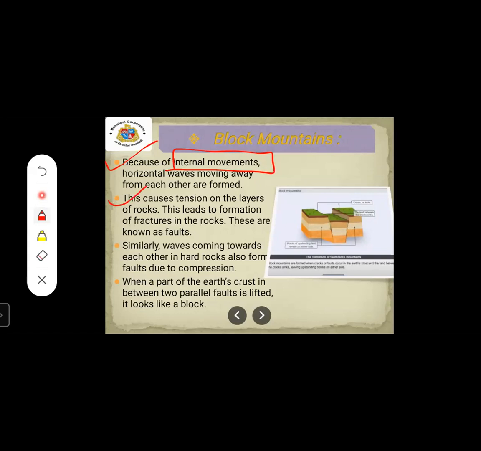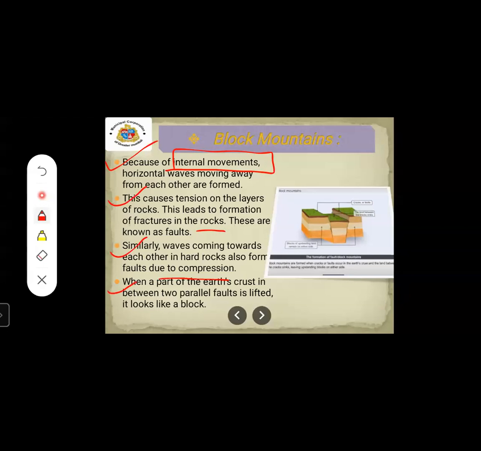Just now we have learned in that chart about the faults. When tension is created on the layers of the rock, students, this leads to the formation of fractures in the rocks. These are known as faults. Similarly, waves coming towards each other in hard rocks also form faults due to compression.